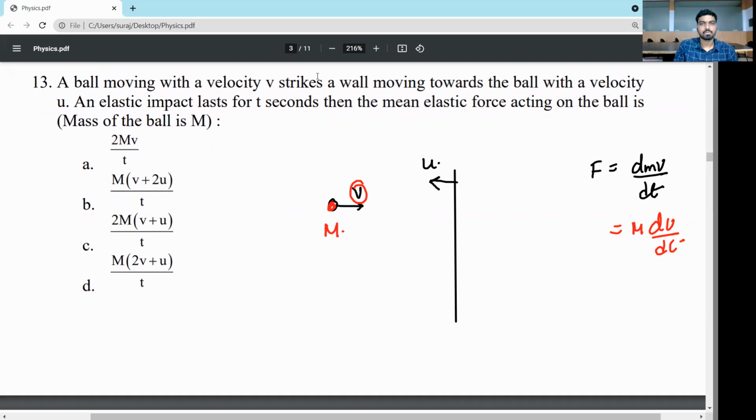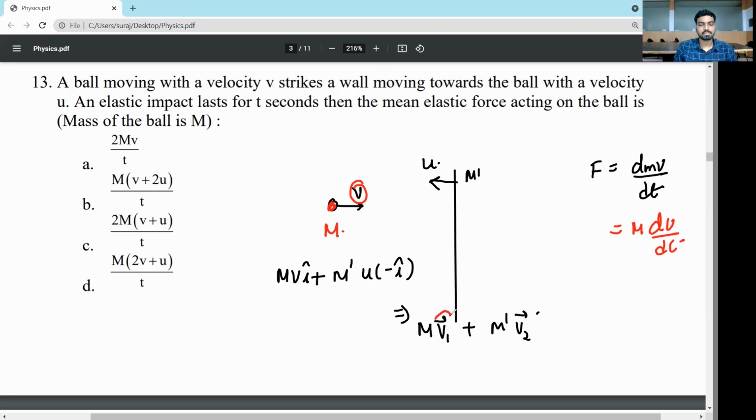Now enough space. Initial momentum is how much? M into V i cap plus, let's say this is M dash, M dash into U times minus i cap. After elastic collision, what will happen? Momentum is conserved, right? So this is M into V1 vector plus M dash into V2 vector.